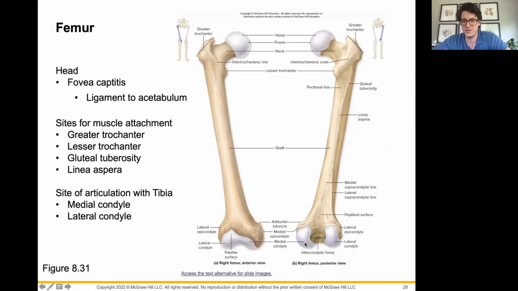So if we follow this down, that has to be the medial, which makes this the lateral condyle. Now, the big bumps you see on either side on these epiphyses, these are the epicondyles. We have a medial epicondyle and a lateral epicondyle. These are important attachment sites for ligaments that are going to help support and protect the knee joint.